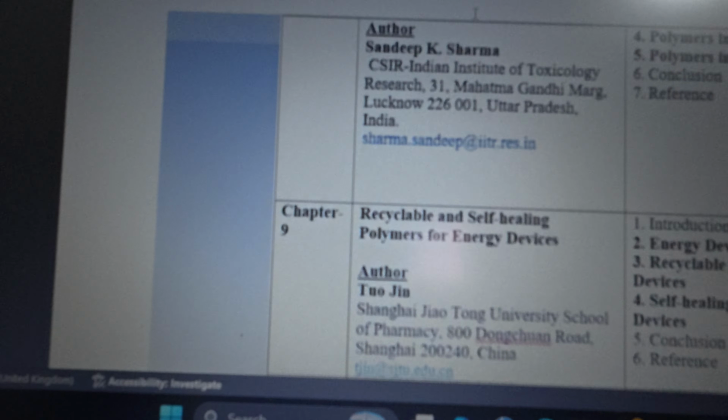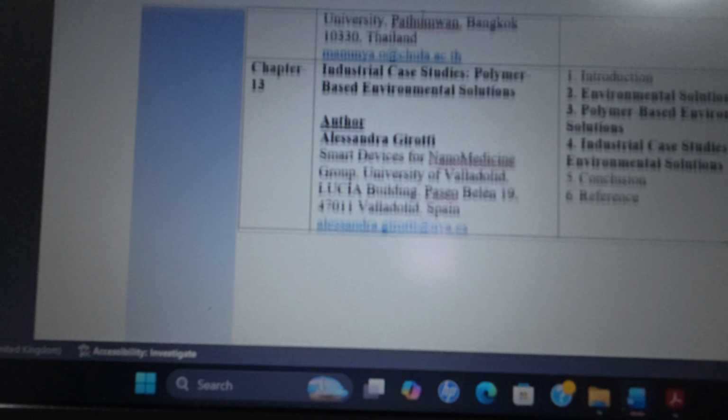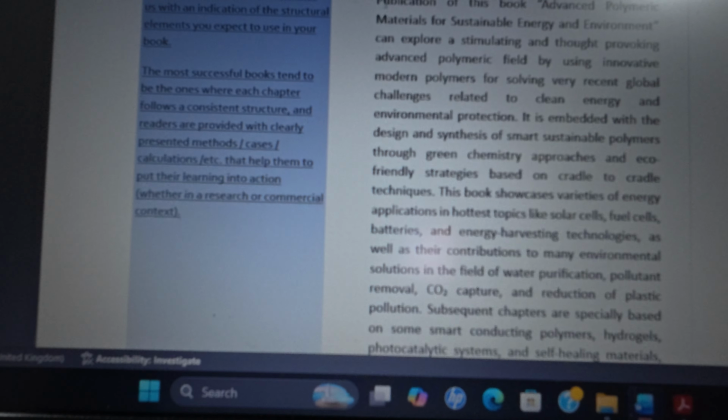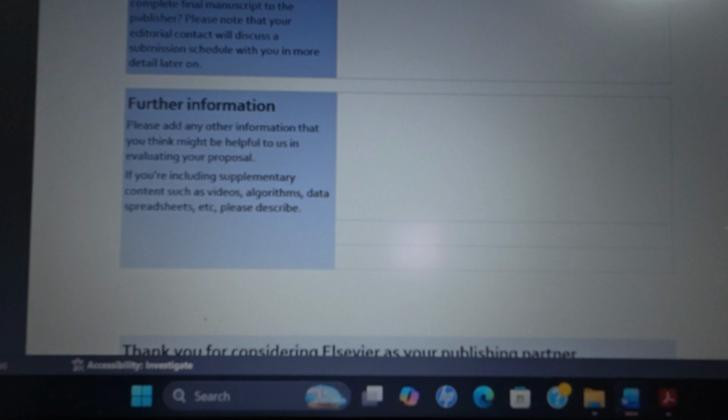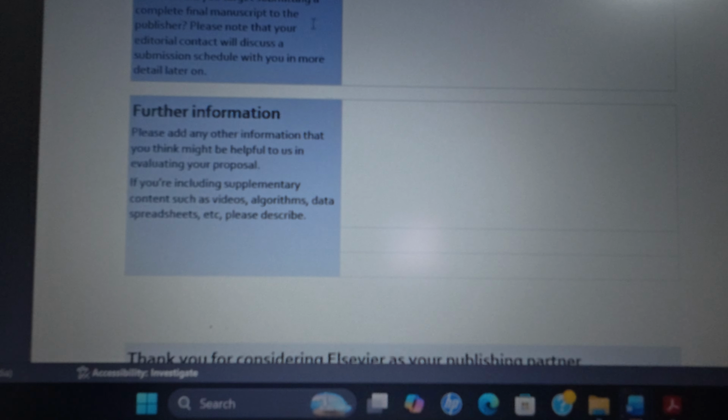Then after the table of contents, you have to write the chapter structure. The chapter structure means what type of synopsis about the chapter writing, something like that.